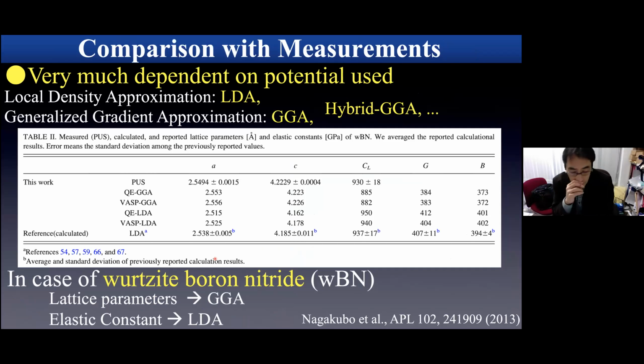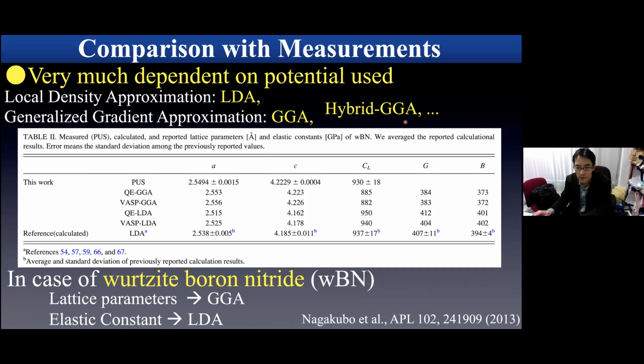However, this is very important: the calculation result is very much dependent on the potential you use. The typical potentials are LDA and GGA. For example, in case of the ultralight boron nitride, the lattice parameters are well evaluated with GGA, but the elastic constants are much better with LDA. So in this case, we need to use a hybrid GGA method and so on.